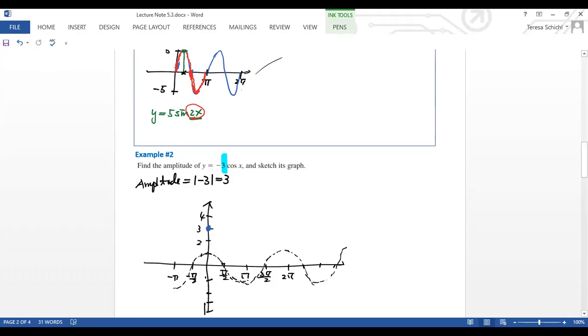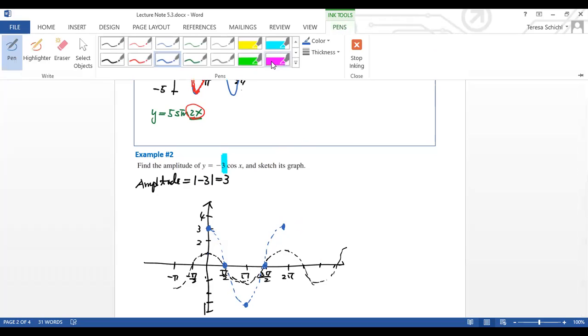At pi over 2, the value 0 times 3 is still 0. Here -1 times 3 is -3. Here it is still 0, and at 2 pi, 1 times 3 is 3. I'm not finished, so I'm still using dotted lines. This is my times 3, and you can continue the pattern.